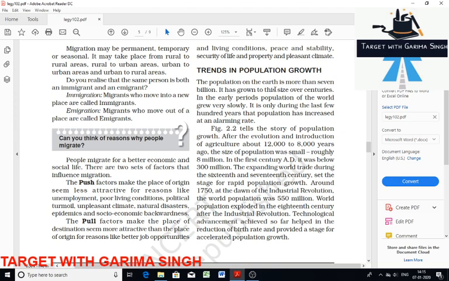There is a figure also given: about 8,000 to 1,200 years ago, world population was 8 million and now it has reached 7 billion. Every 12 years, 1 billion people are added. Increased agriculture, industrial production, coalition against epidemics, and improvement in medical facilities have reduced the death rate.